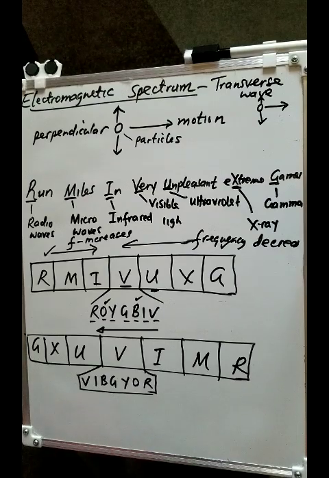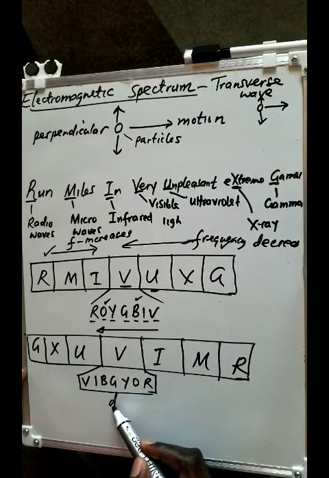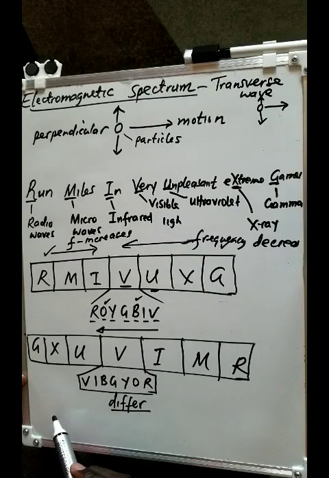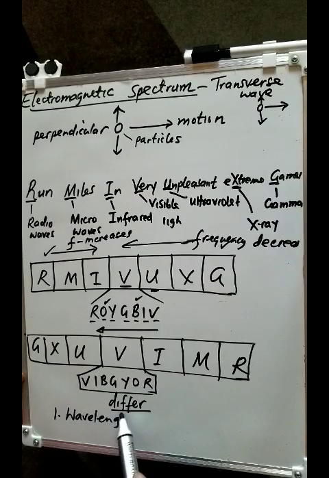So now the question is, how do these waves in the electromagnetic spectrum differ? Because in the exam, they are going to ask you how they differ. Well, mainly, they differ in terms of the wavelength.